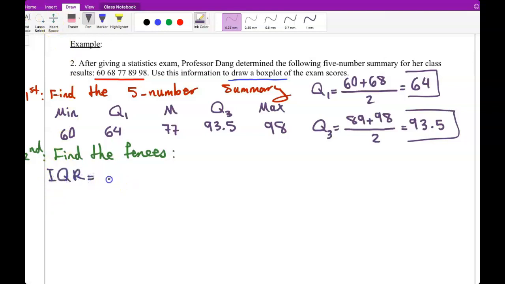Interquartile range is equal to Q3 minus Q1. And Q3 is 93.5 minus Q1 is 64. So that is equal to 29.5.